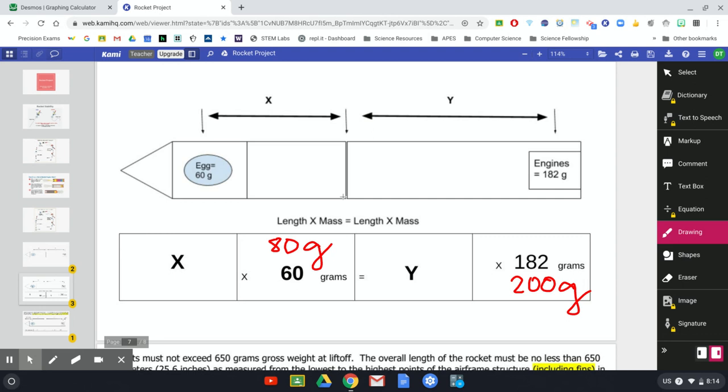Now, remember yesterday when I marked the center of mass for my egg, the X measurement that you're making is from that mark down away from the nose cone. And so for me, that would be 11 and a half inches from the X that I put where I want my egg to be down to the end, the non-nose cone end of the body tube.